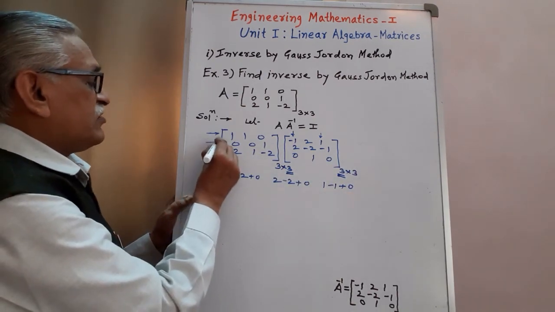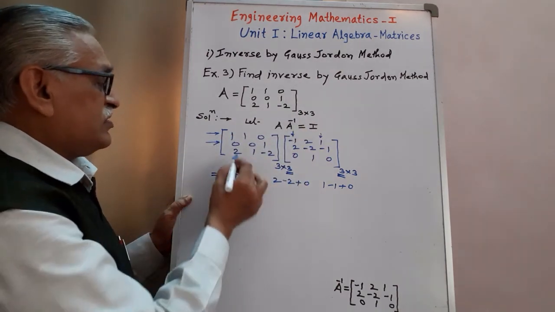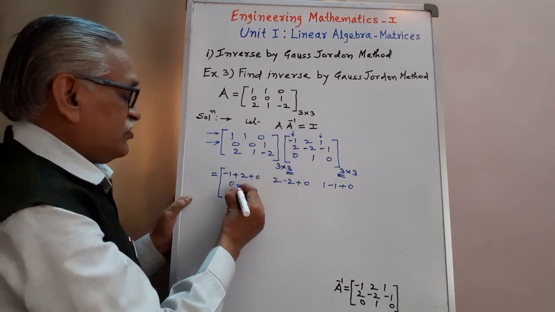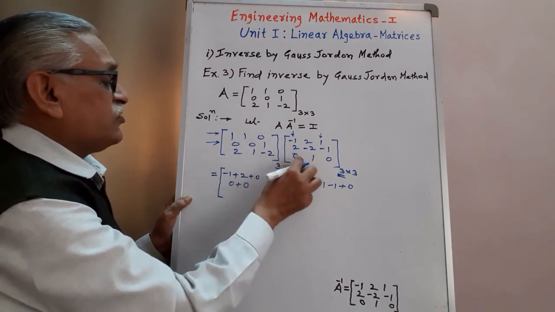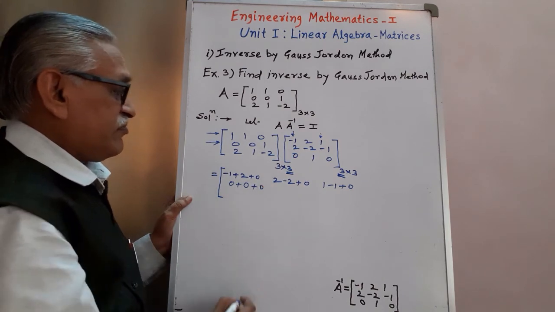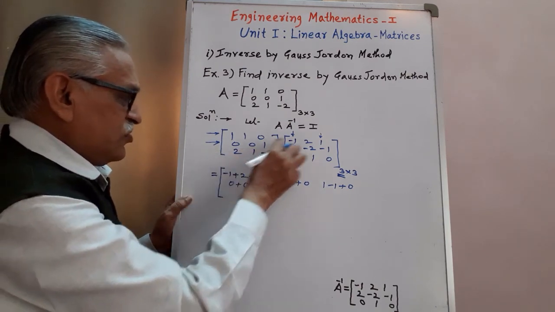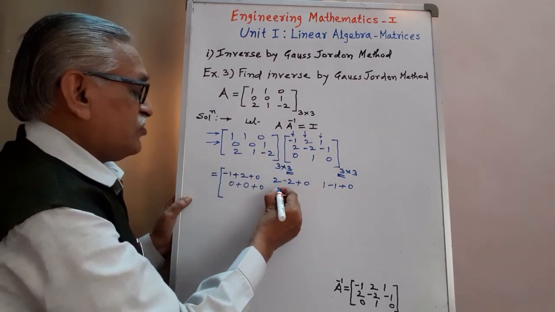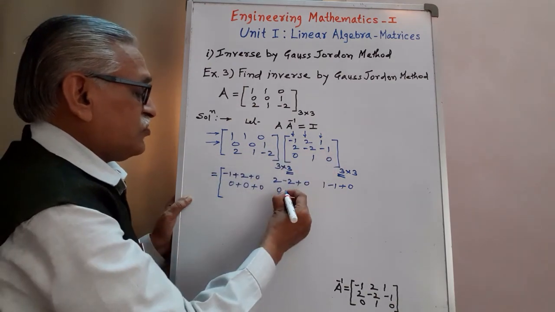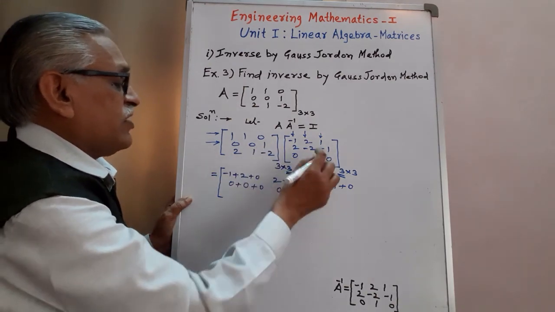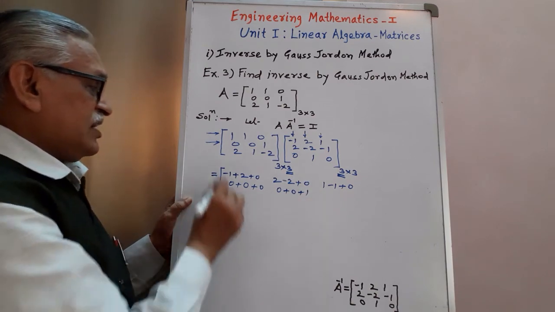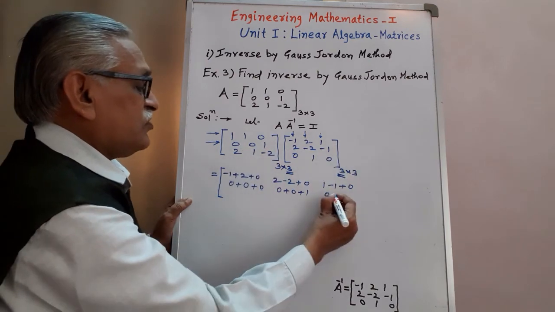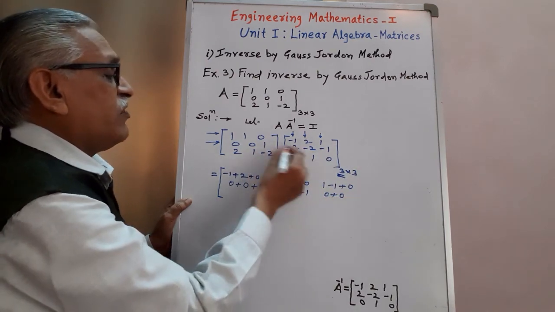Then the second row by all columns: 0 into minus 1 is 0, 0 into 2 is 0, 1 into 0 is 0. The second row by the second column: 0 into 2, 0 into minus 2, 1 into 1, so we get 1. Then the second row by the third column: 0, 0, and 1 into 0, so we get 0.